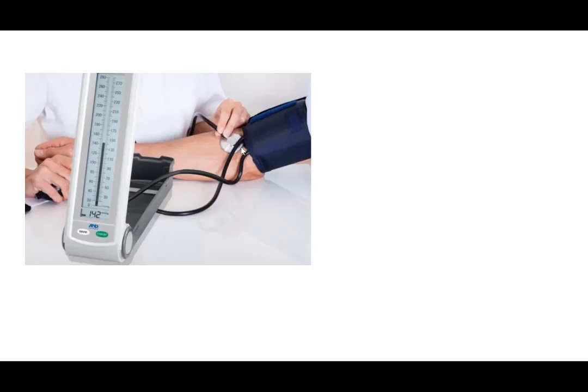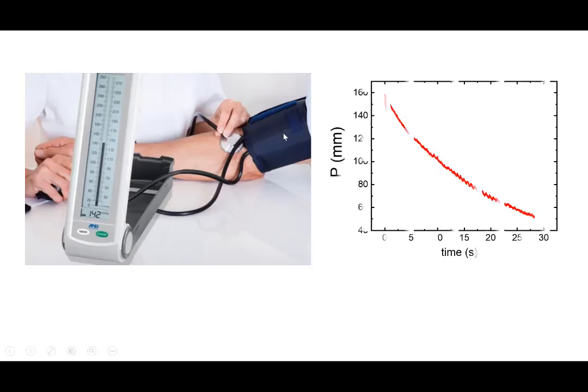As part of that, you would put a pressure sensor to monitor the air pressure that is there in the cuff. We were doing some experiments in a lab, and this is the data that we had. In this case, the air has been pumped in, and then the pressure is being gradually released.